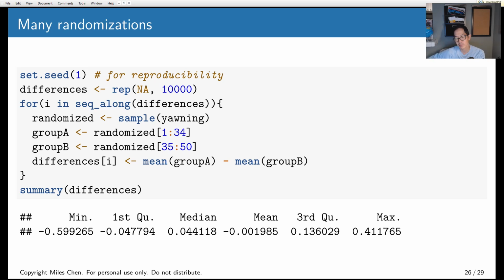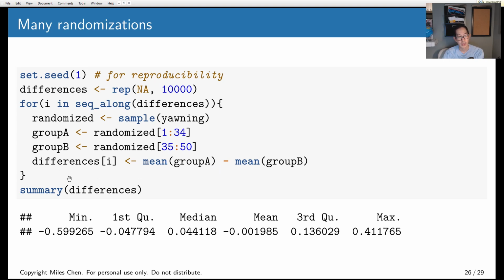We're not doing any actual experiment here. We're just shuffling people up and seeing what happens, right? Assuming just 14 people are going to yawn anyway. And so we put 34 people in group A, 16 people in group B. I say, all right, what's the proportion in group A? What's the proportion in group B? And what's the difference? And we take that difference and we record it.